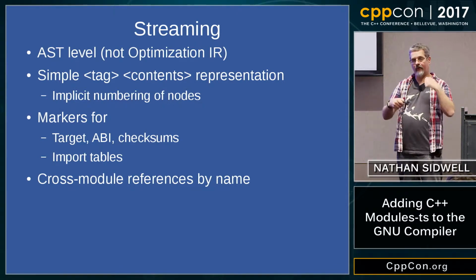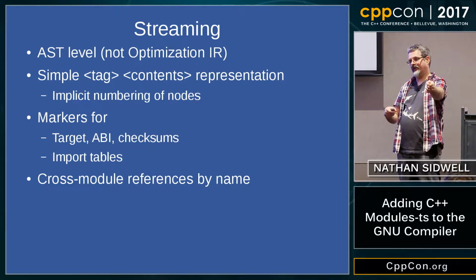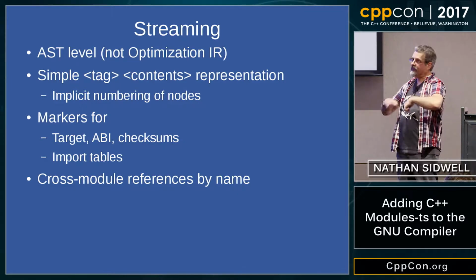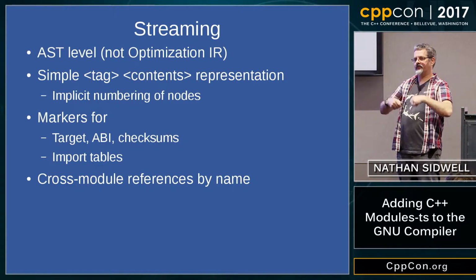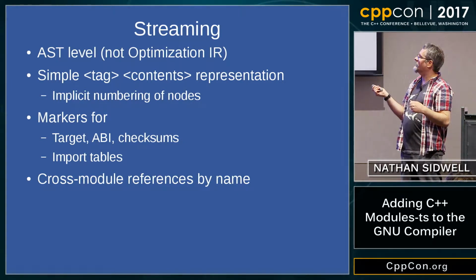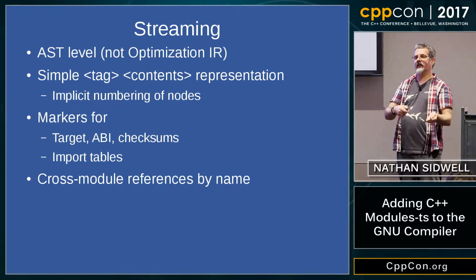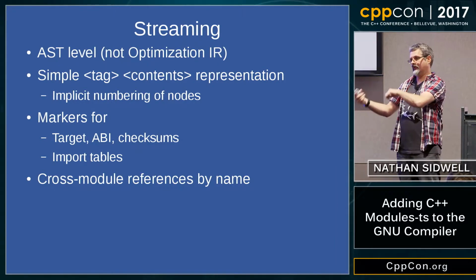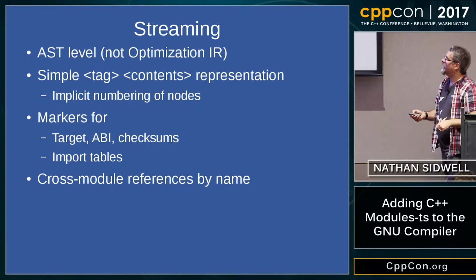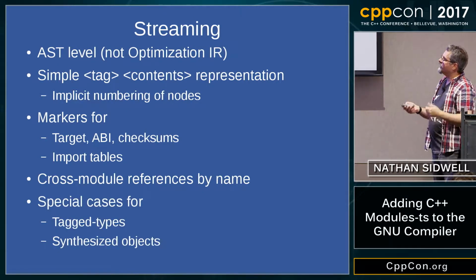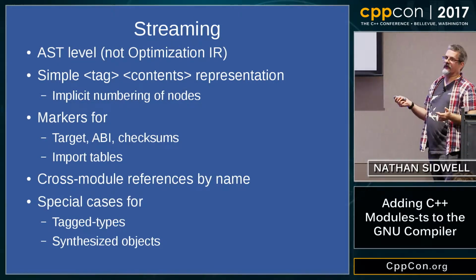Cross-module references: one module imports and uses names in another module. I don't stream out the other module, I stream out the name of that thing and some context so that it can then do a lookup in the symbol table of the other module. There's some special cases for tag types.